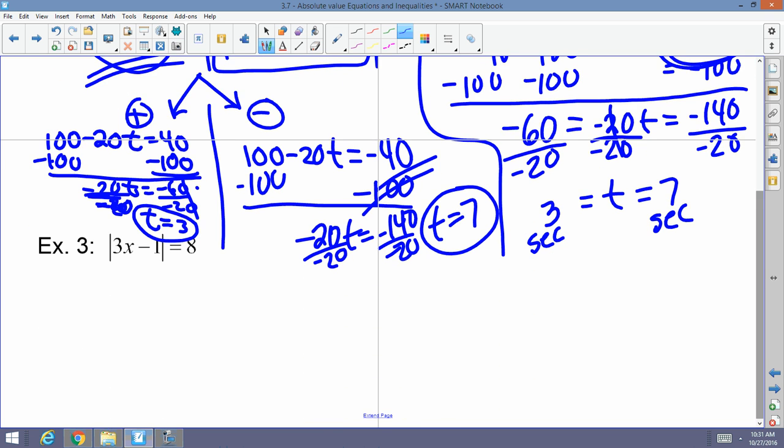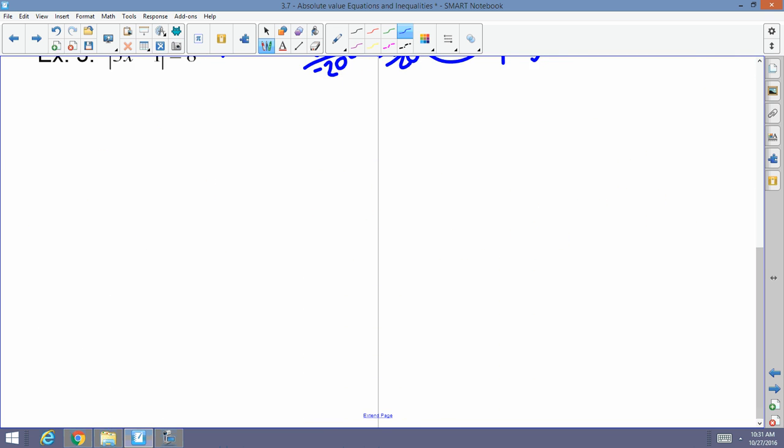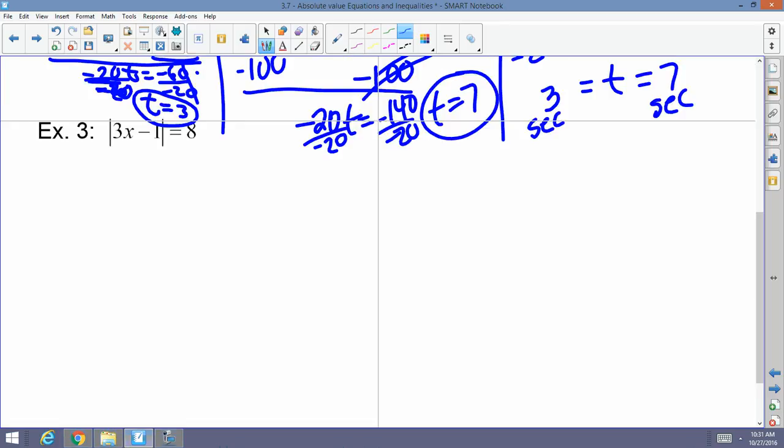Thank you. All right, let's look at this one. So I've got 3x minus 1 equals 8. Okay, what I'll do is I'll set it up both ways, but I'll solve it the way the majority of the class likes. Is that fair? All right, so positive, negative side, I've got 3x minus 1 equals 8.